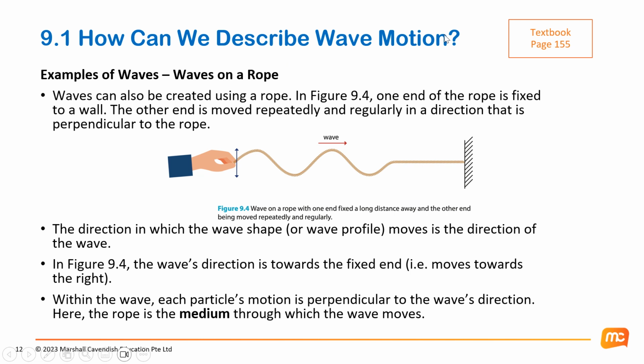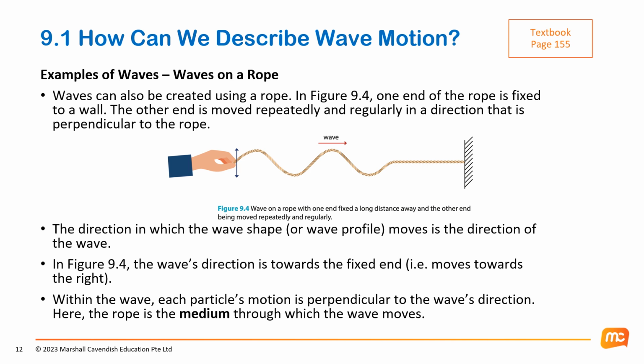Another example of waves would be rope waves. For rope waves, what we have is one end of a rope, for example, being fixed to a wall. For those of you who go to the gym, you might recognize this as being very similar to the battle ropes.